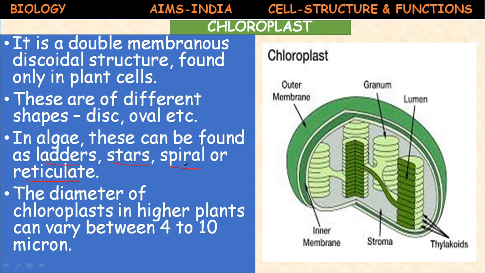For example, Spirogyra, Anabaena, Nostoc have different shapes. But basically, in higher plants, it is disc shape or oval shape. The diameter of chloroplast in higher plants is 4 to 10 microns.